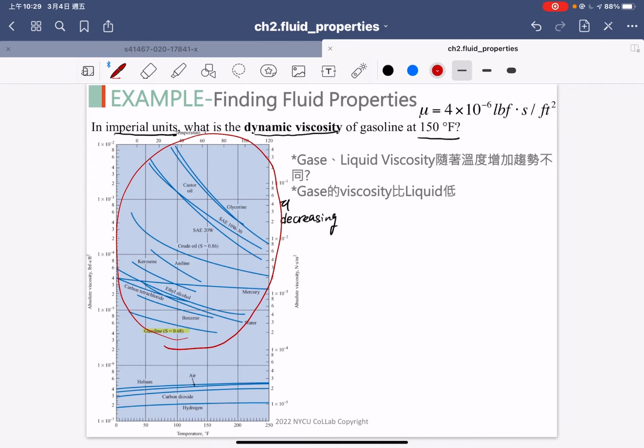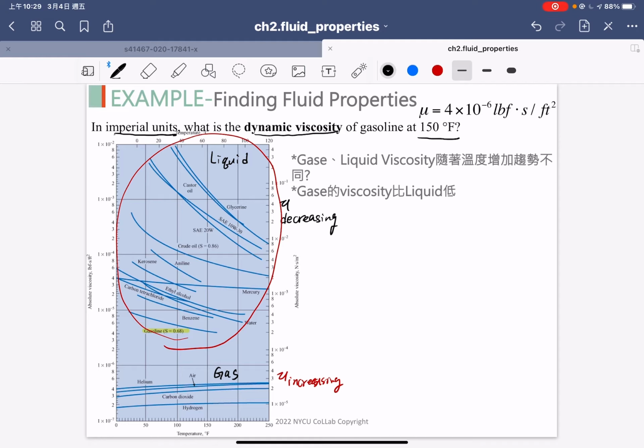And at the bottom, you can see a little increase. The mu increases a little when the temperature increases. If you take a more detailed look, the bottom lines are for the gas, and the upper lines are for the liquid.